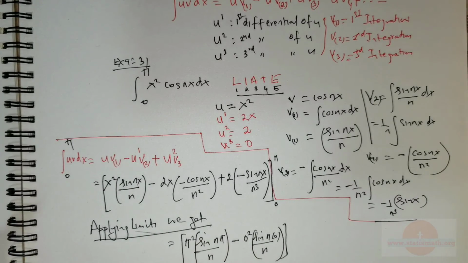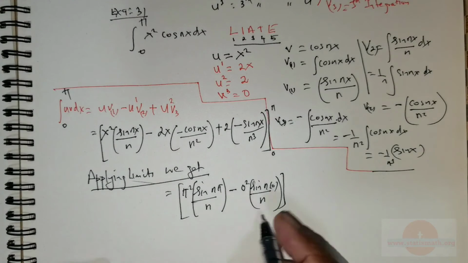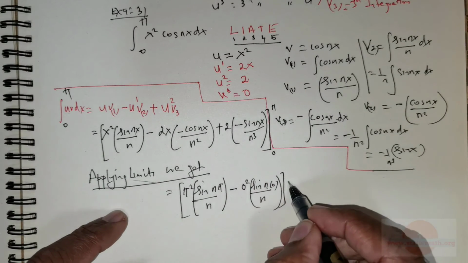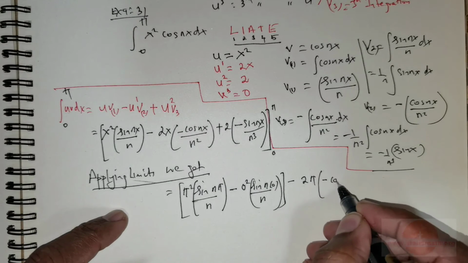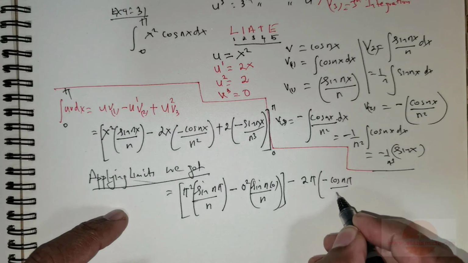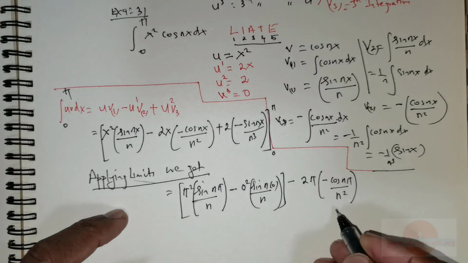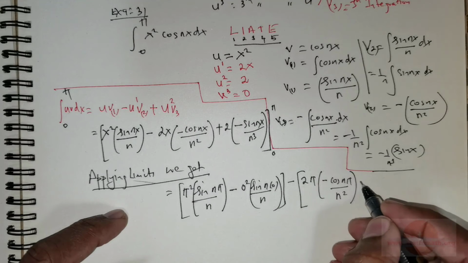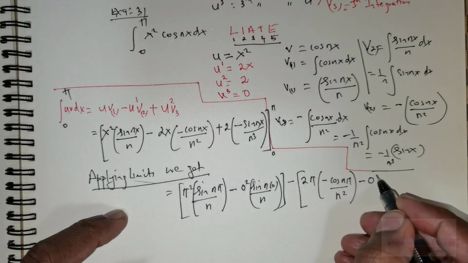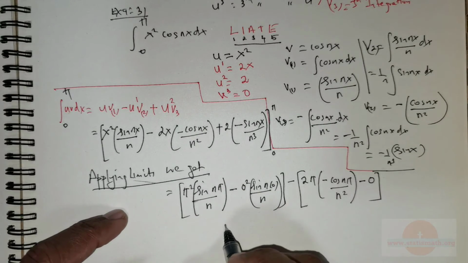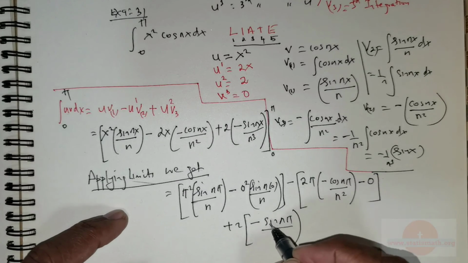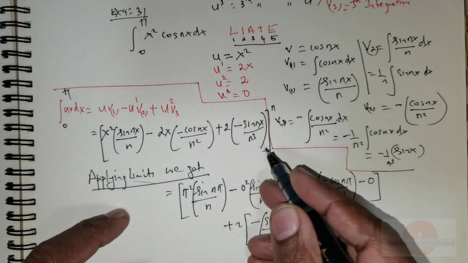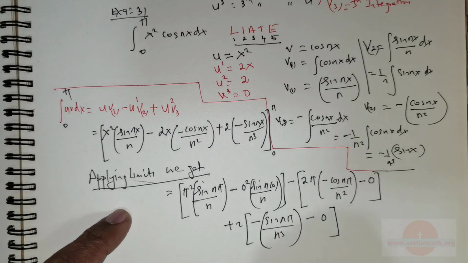This is for the first quantity, applying the limits, followed by the second quantity, negative 2 times pi times negative cos n pi divided by n squared. And I can just take the negative sign out, followed by negative 0. So this is the second quantity. Positive 2 times negative sine n pi divided by n cubed minus 0, because sine 0 is 0, we know that.